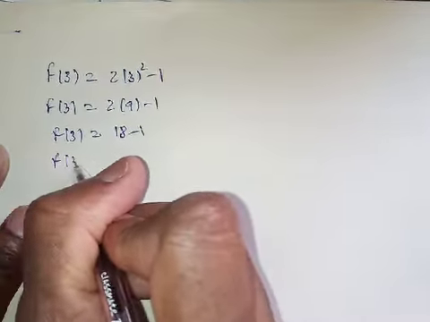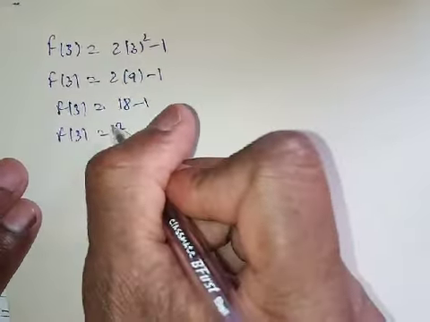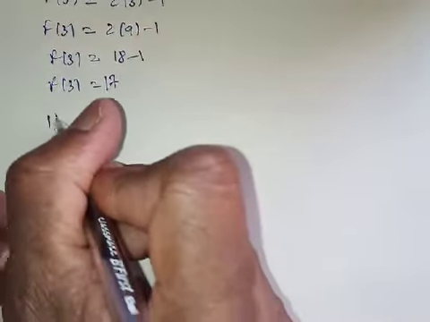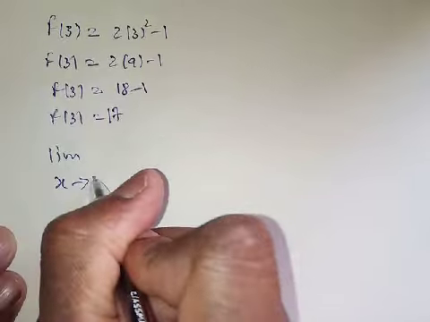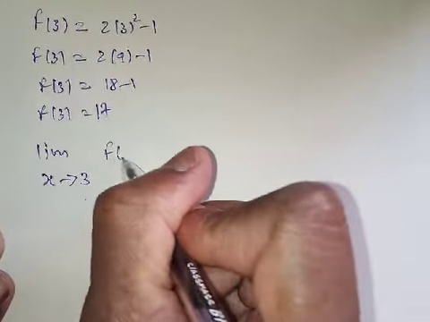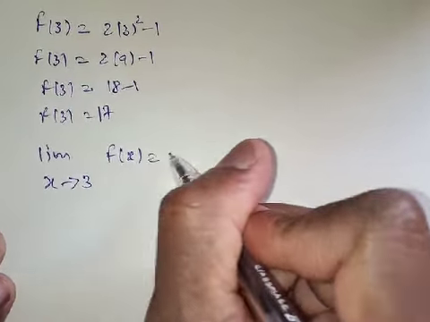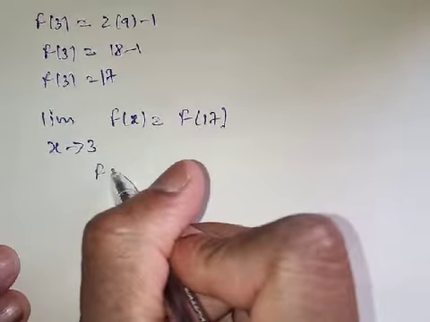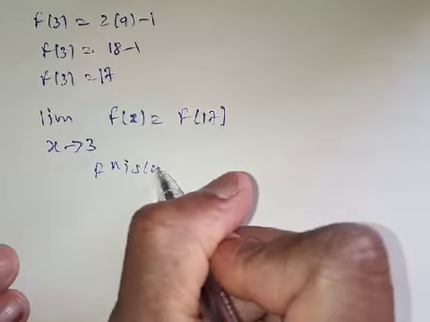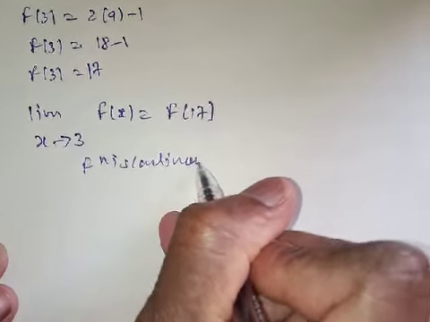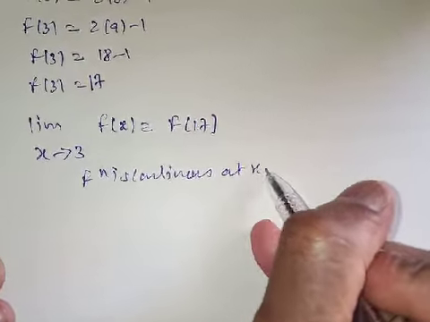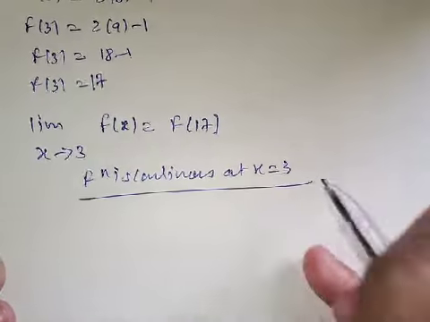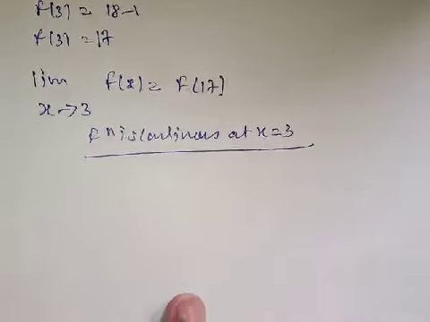So f of 3 is also equal to 17. So we can say limit x tends to 3, f of x is also equal to f of 3, which is 17. Therefore the function is continuous at x is equal to 3. Is it clear?